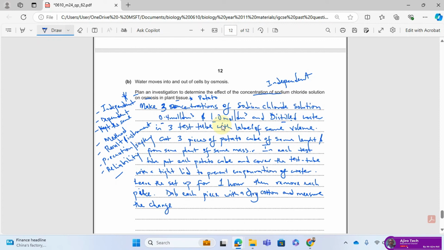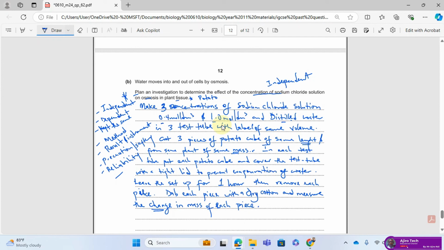You can decide to measure the change in mass, or you measure the change in length. Anyone, if you want to go with measuring the length, or you want to go with measuring the mass of the potato cube, then you can measure a change. Take note of this change in mass, or change in length of each piece. So that's how we get your results.